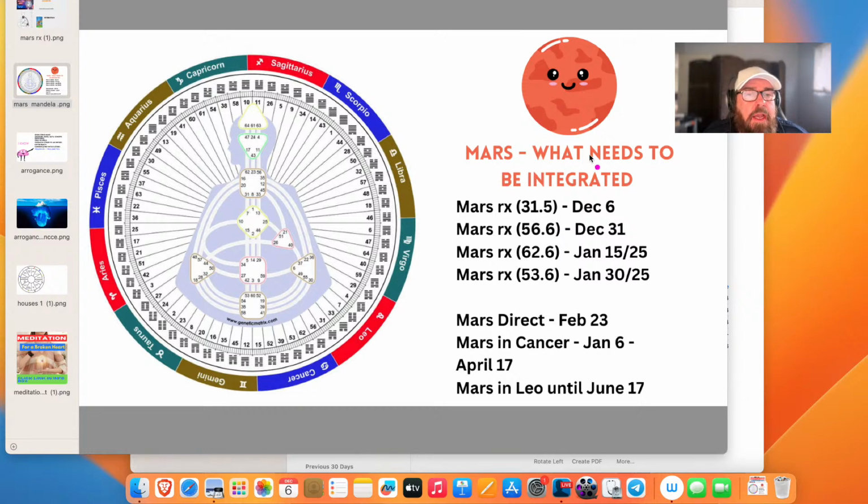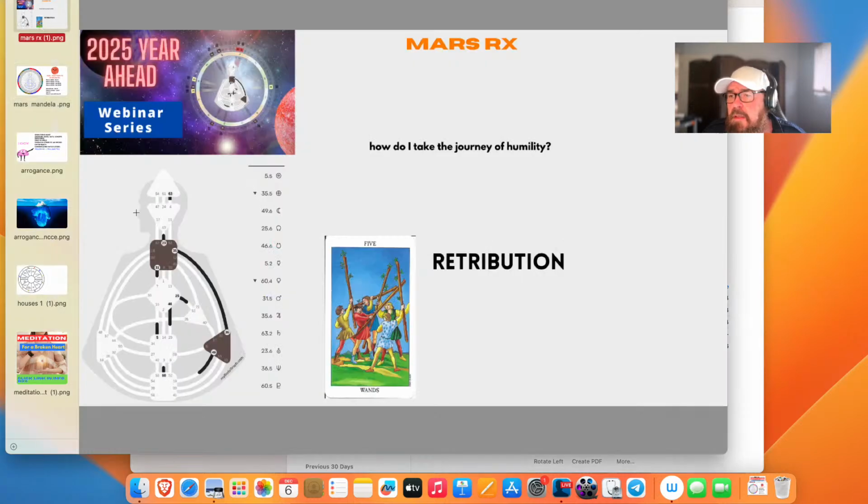So in human design, Mars represents what needs to be integrated, what needs to be transmuted in the collective. That's what it represents in the transit chart. And so if we go back here, it's in the shadow of arrogance, okay? So that's the 31. There's a 31 coming off the throat chakra there. And this is one of the leadership channels.